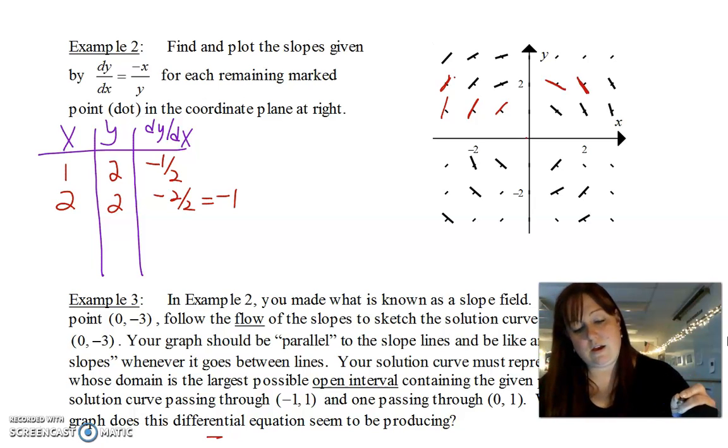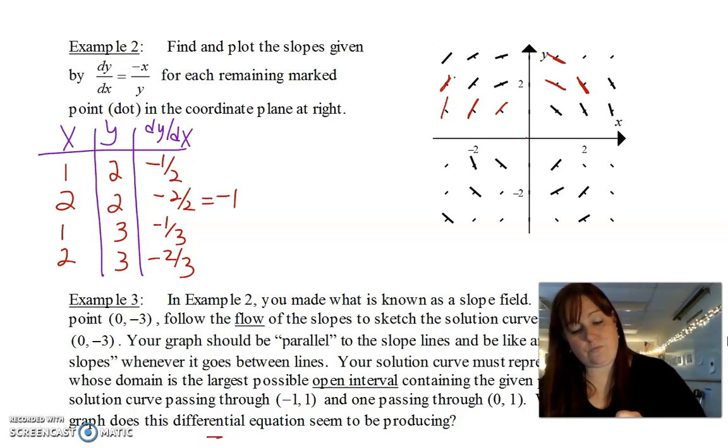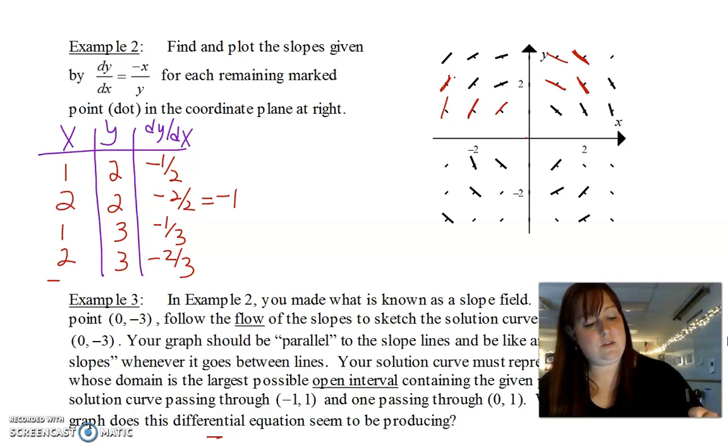And then above it, we've got 1, 3. That's going to be a negative 1/3. And then next to that, we have 2, 3, which is negative 2/3. Okay, so this one's going to be a really shallow slope. Really shallow. And then that one's going to be just slightly less shallow, but not quite a 1. Right? And then what if we have 3, 3? That's going to be negative 1.